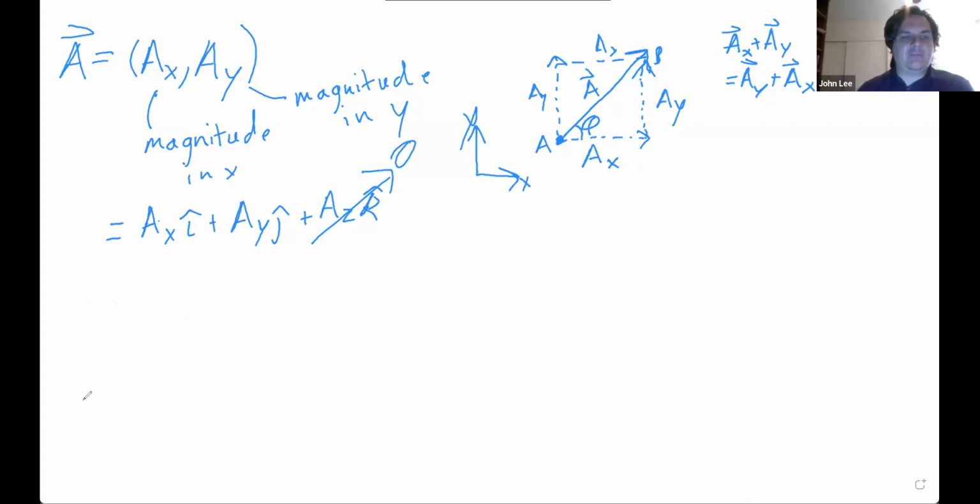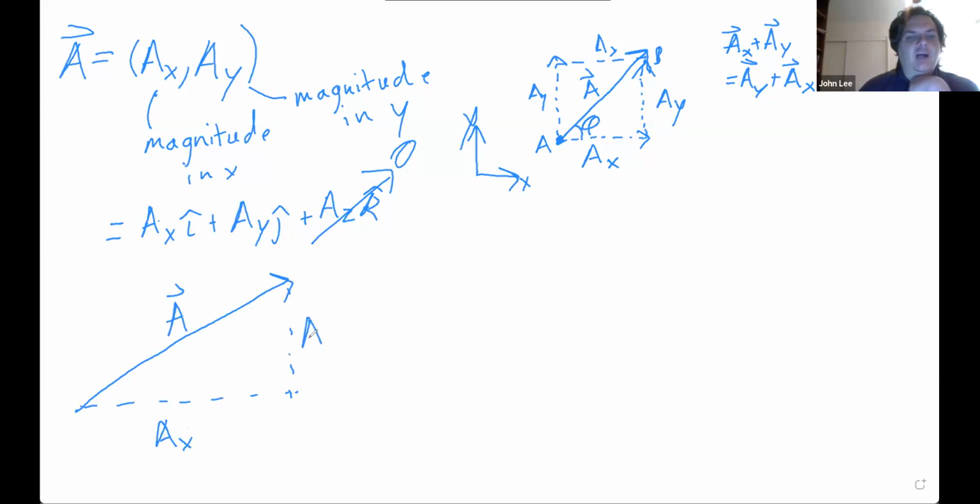But you have this vector A, which is made up of the components AX and AY. And it has the angle phi.